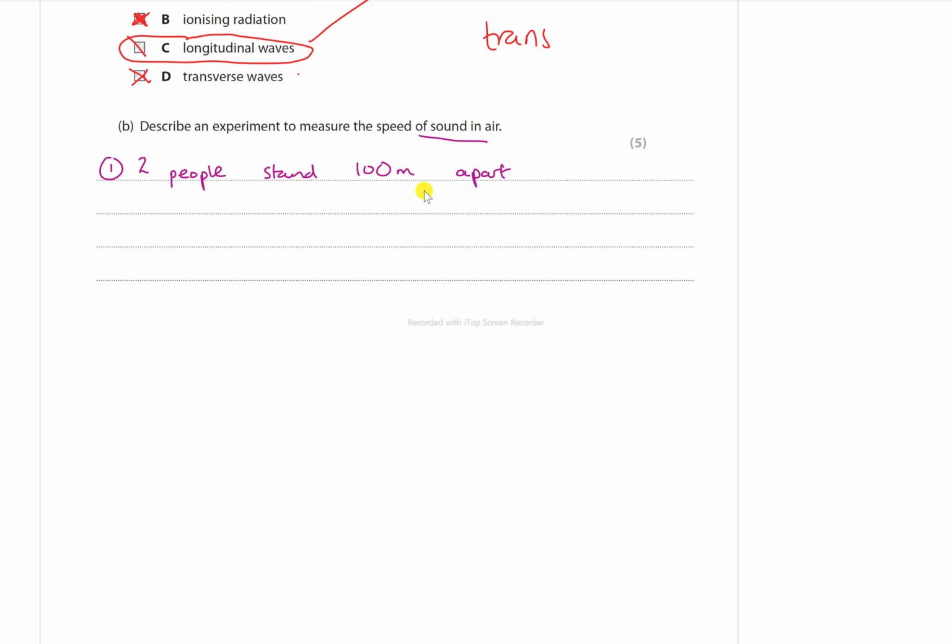That's the known distance. 100 meters is a good distance, measured using a tape measure. Then the first person makes a noise.